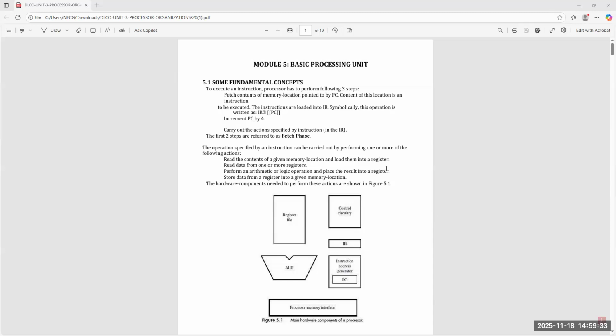In this, the major one is the Central Processing Unit. That is coming under Module 5 in our subject, named Basic Processing Unit.